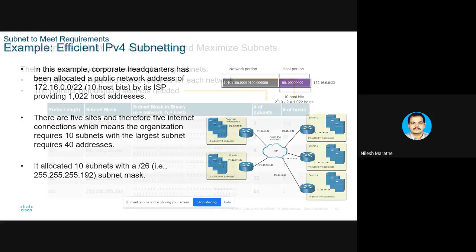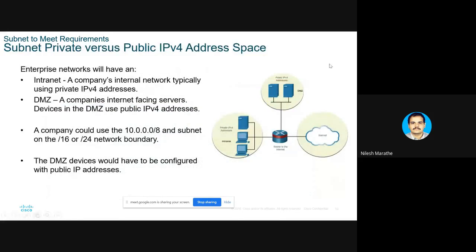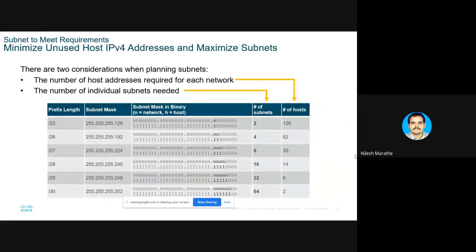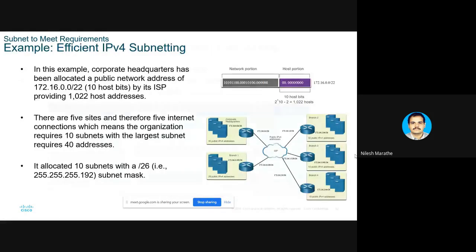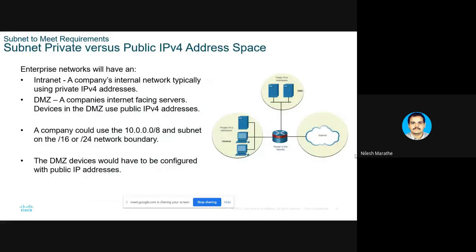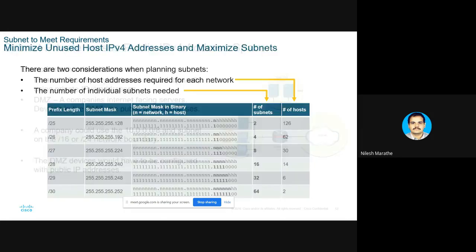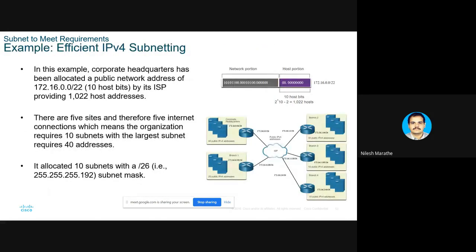If you look at this diagram, how many subnets are required? This is a different diagram. The first private IP address, second private IP address, third private IP address. This is fourth, this is fifth, this is sixth. So how many networks are required? 1, 2, 3, 4, 5, 6. Agreed? DMZ. Yes, here we come to this particular diagram.